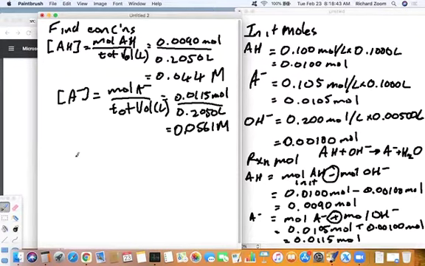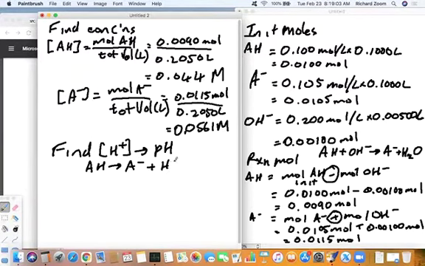And the last step, we want to find the concentration of H plus and then figure out the pH of the solution. So what we're using here is the equilibrium process. AH gives A minus plus H plus.